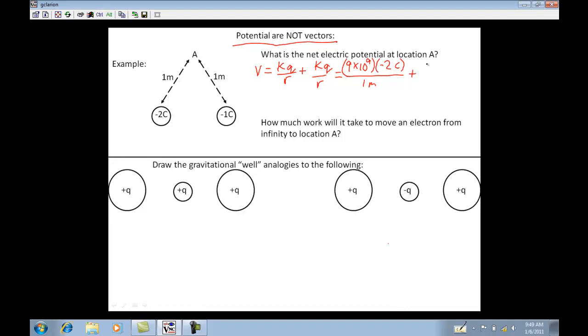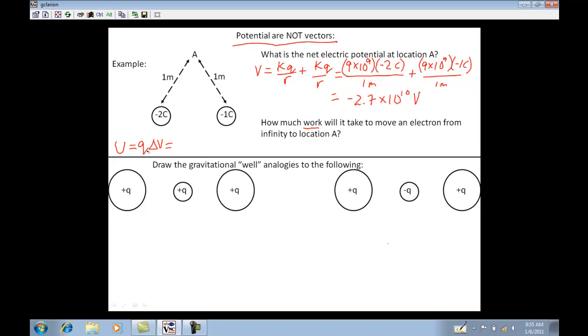Plus the other charge would be 9 times 10 to the 9th times negative 1 coulomb, also divided by 1 meter. Can you guys give me a total answer for that? Negative 2.7 times 10 to the 10th volts.